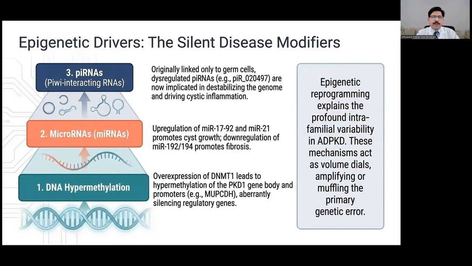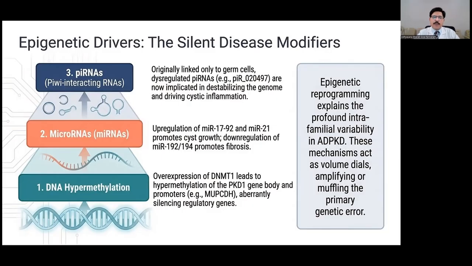And now the epigenetic drivers. What are the ones which are causing this? The silent disease modifiers. Start from below. DNA hypermethylation, overexpression of the DNA methyltransferase 1. That leads to hypermethylation of the PKD1 gene body and promoters, apparently silencing the regulatory gene.